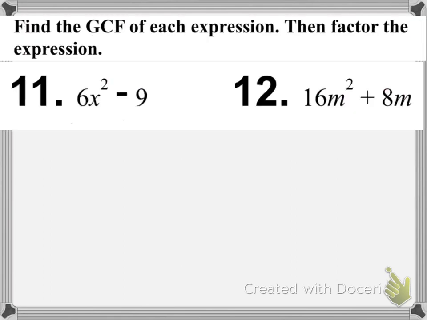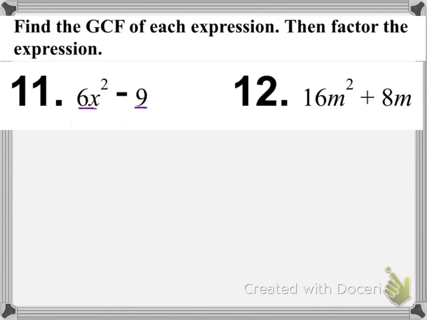Next thing is that whenever you need to factor something like this, sometimes you may not be able to go all the way to the end, but you would still need to check first the GCF. Whenever you have a binomial like this, where there's only two terms, look at the GCF first, and then check to see if there's difference of squares.